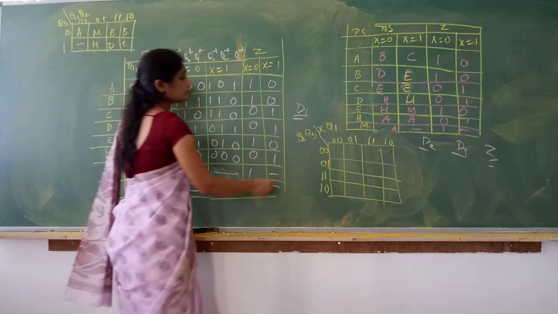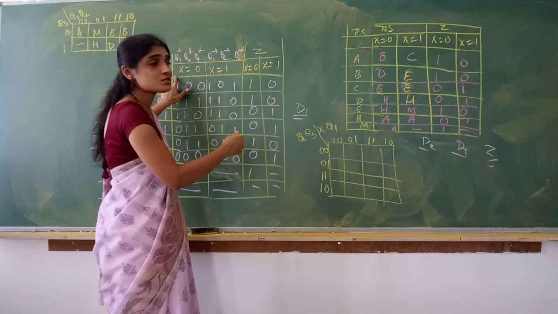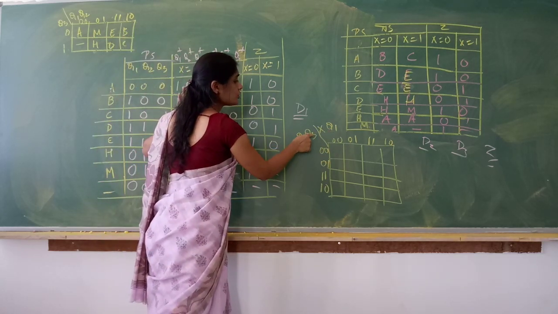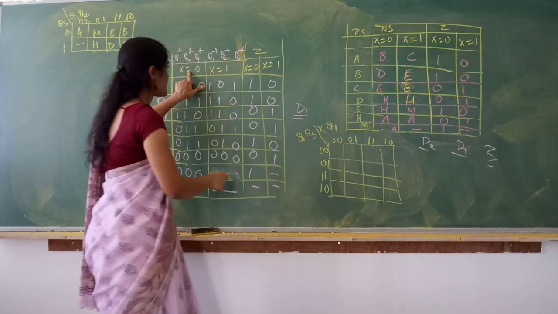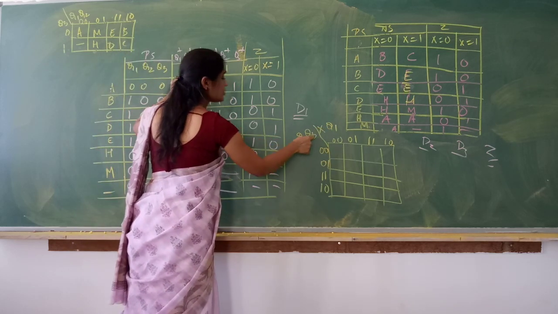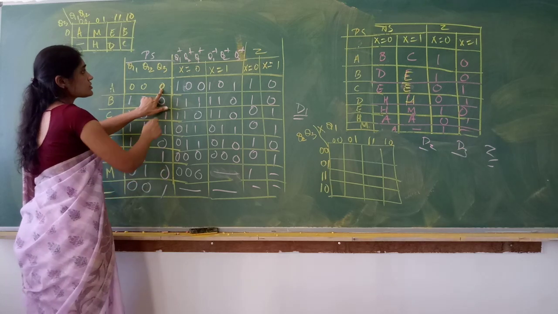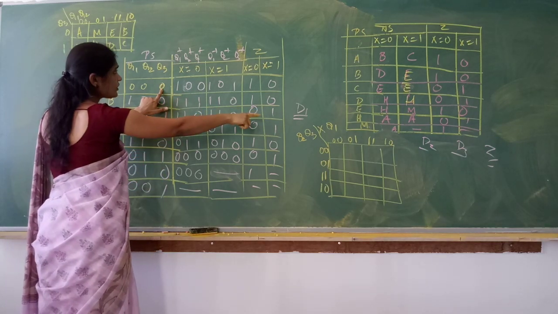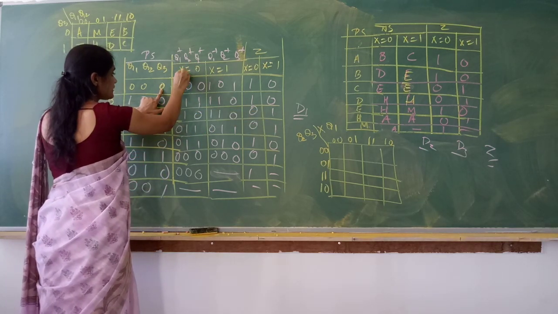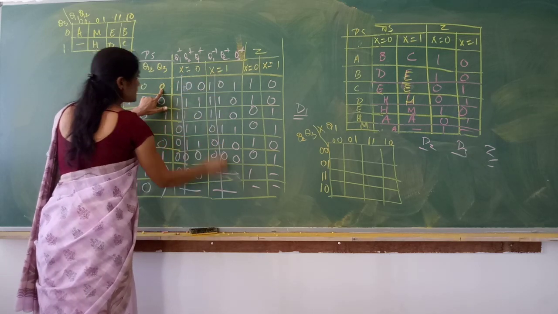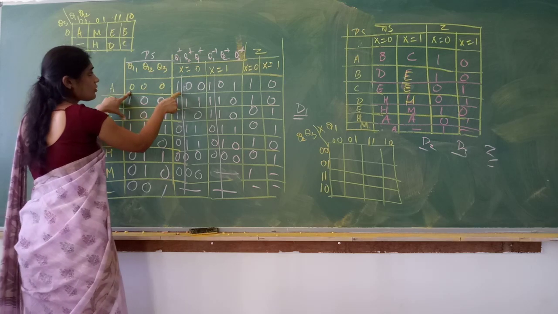Now, we have already constructed so many tables, so it's better we write it directly from this. See, x, Q1, Q2, Q3: first x, then Q1, Q2, Q3. 0, 0, 0, 0. We are now deriving D1, right? So you just have to observe only the D1 column. For 0, 0, 0, 0, what is D1? 1.